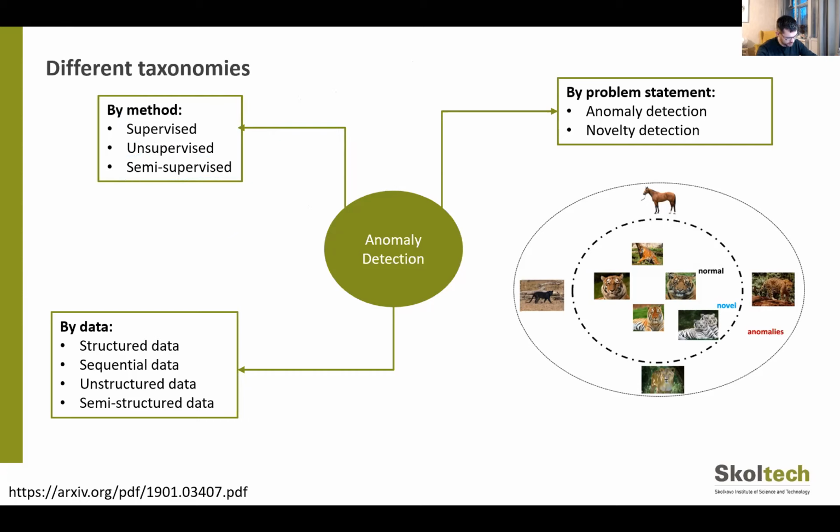Also, we can try to create a different taxonomy for anomaly detection, and it's about the input data. Here we are interested in particular in sequential data, but again, we have a wide range of possibilities for this kind of approach. For example, sometimes we have tabular data.